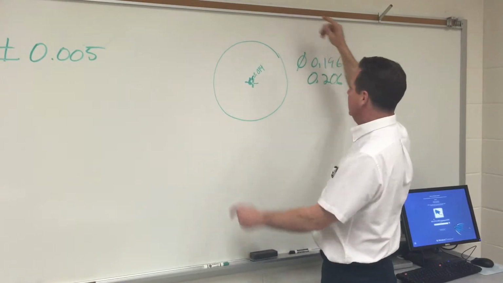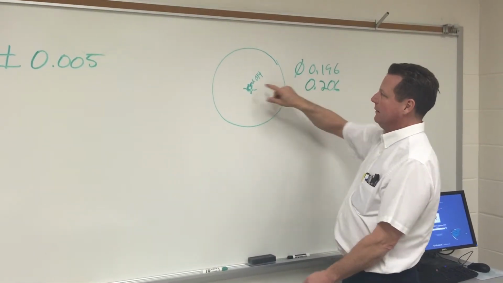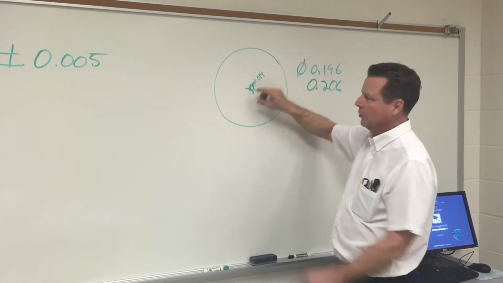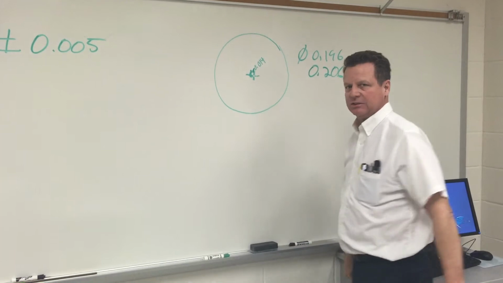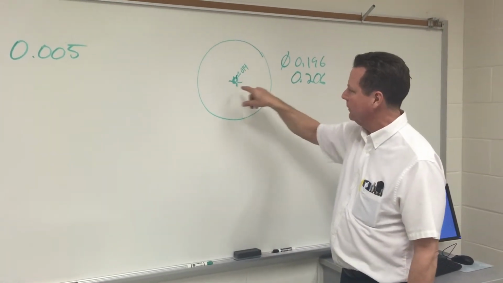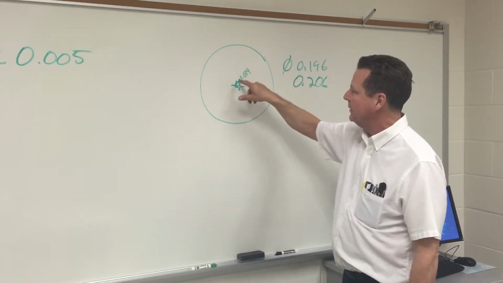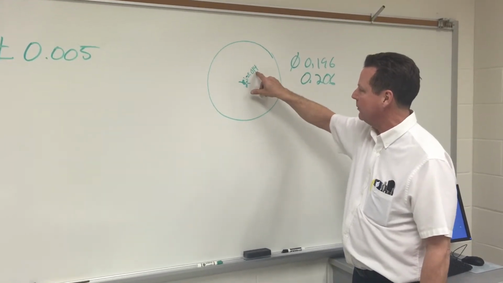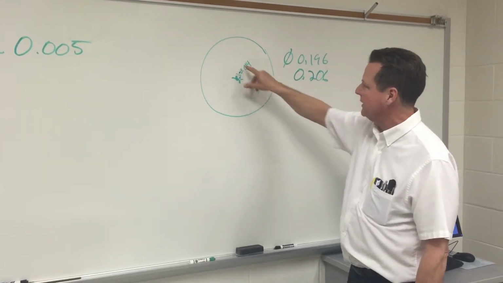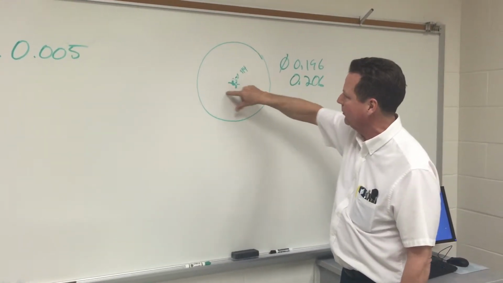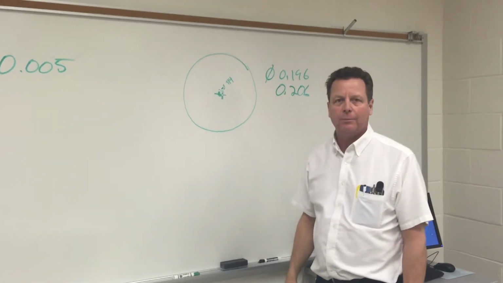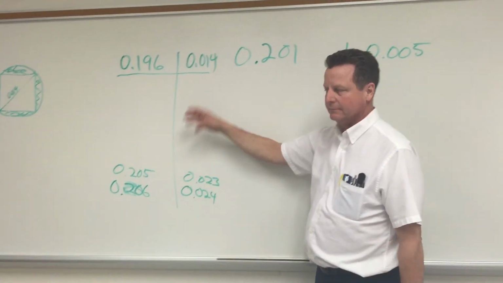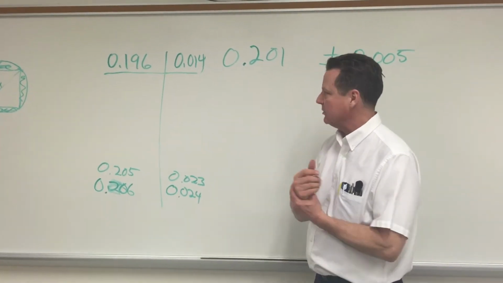As the hole grows out to 0.206, you got up to 24 thousandths total size of the tolerance zone that the hole's center or center axis locating can be in. Inside a 14 thousandths diameter circle, or out at 206, a 24 thousandths diameter circle, and the hole will still line up with the fastener. This is the table I used to show that, and that was on the test as well.